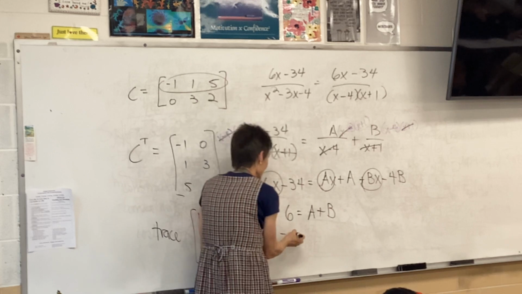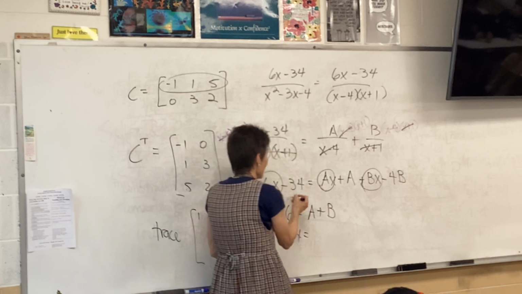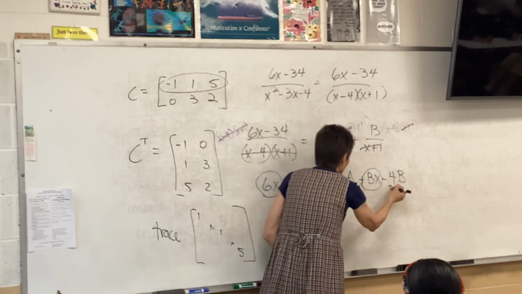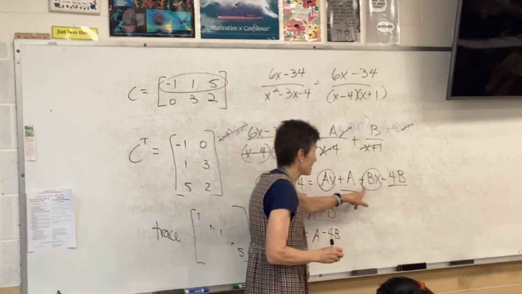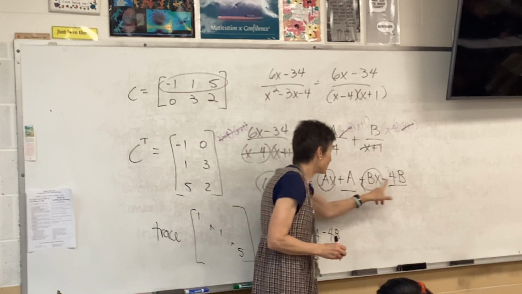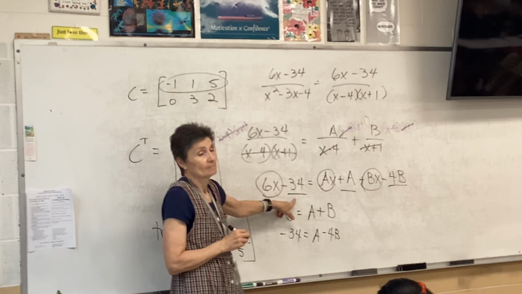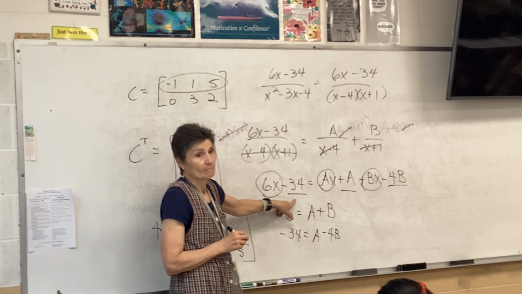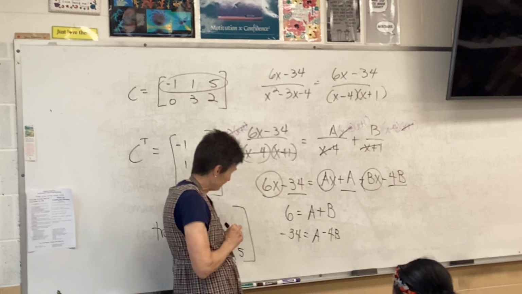Similarly, I've got a negative 34 over here, and that has to be whatever a minus 4b is. These guys don't have x's. So they have to add up to the thing that doesn't have an x on this side. Okay? Now what?